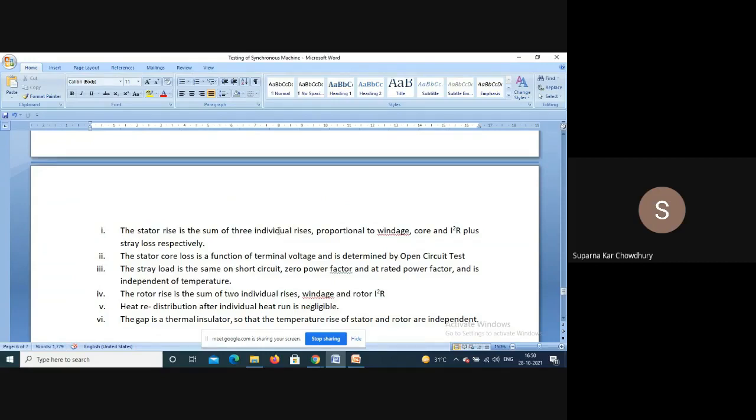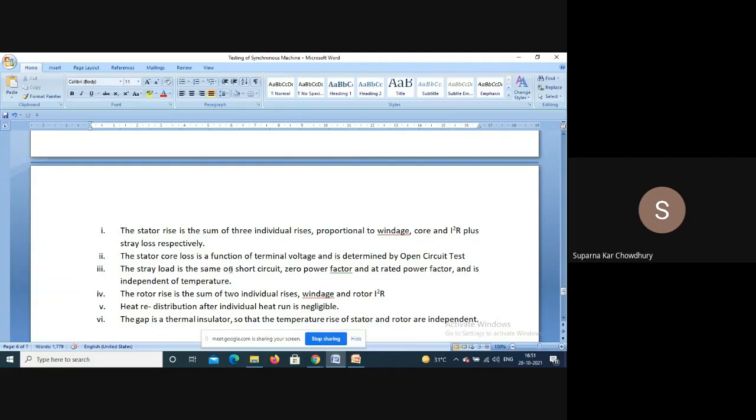temperature rise is the sum of three individual rises proportional to the windage loss, core loss, and I square R loss plus the stray load loss. The stator core loss is a function of terminal voltage and is determined by the open circuit test. This is how we determine stator core loss. The stray load loss is the same on short circuit, zero power factor, and rated power factor condition, and independent of temperature.